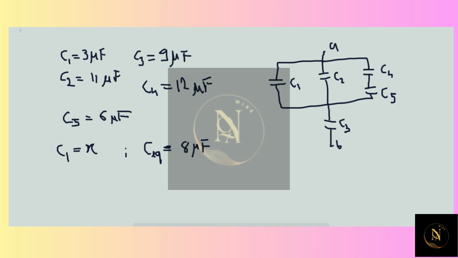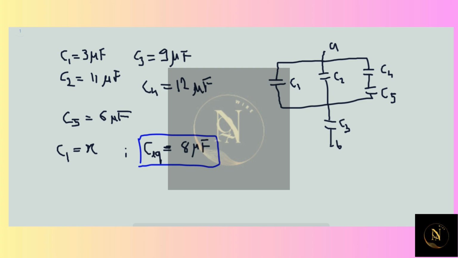So this is the condition given to us. Now, our job is to find the equivalent capacitance with this unknown capacitor X. So let us try to reduce this combination of capacitors and see what happens.